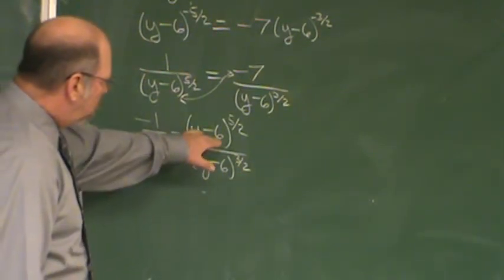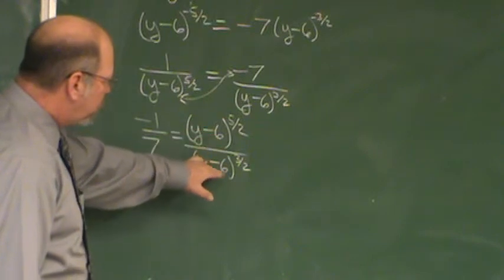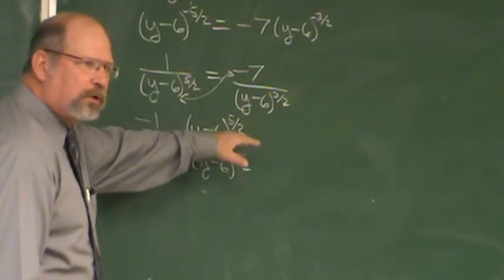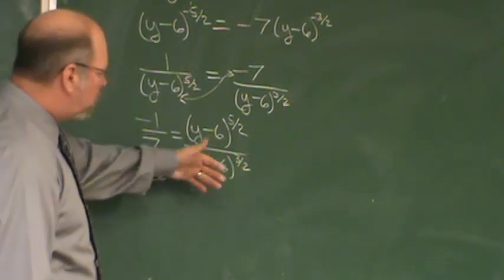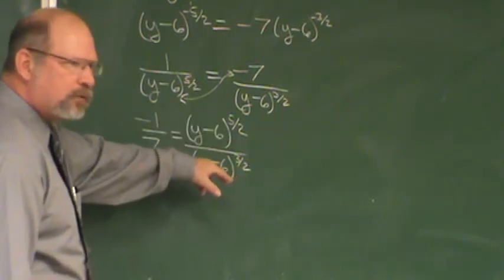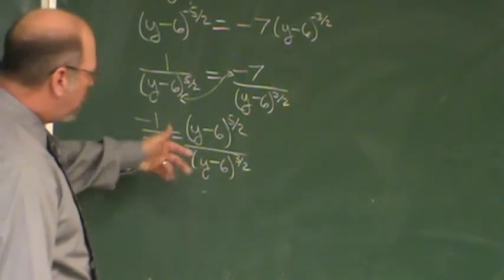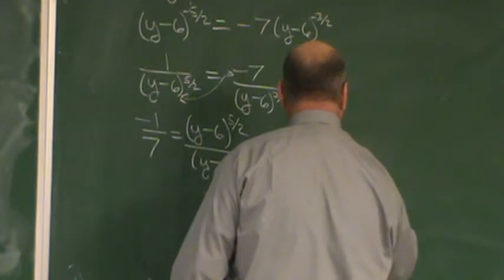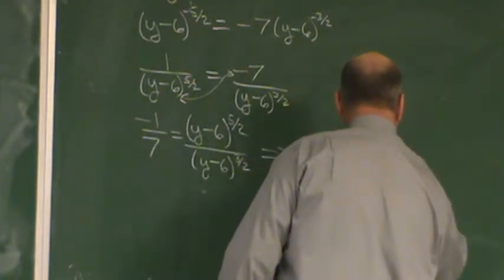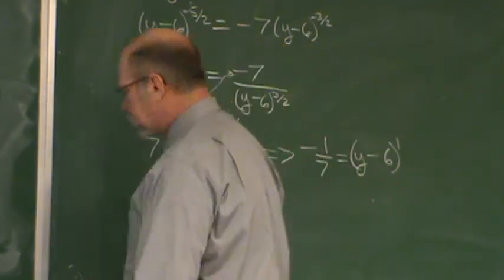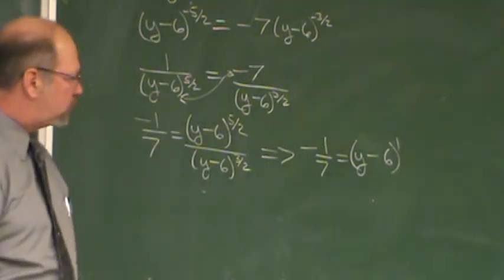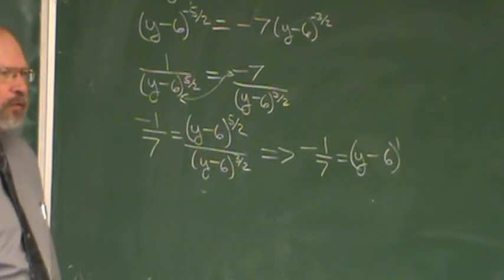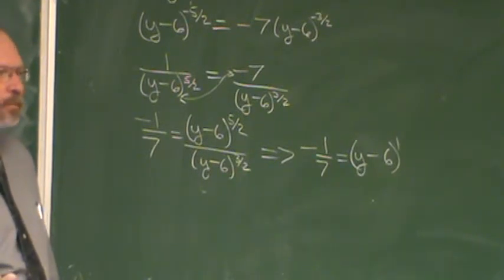Now, we have something over the same something to some power over some power. What do you do with these exponents? Subtract. What's 5 halves minus 3 halves? 3 over 3 or 1. So what this turns into is negative 1/7 equals y minus 6 to the first. y minus 6 to the first is simply y minus 6, isn't it?